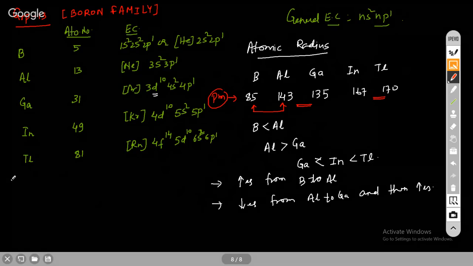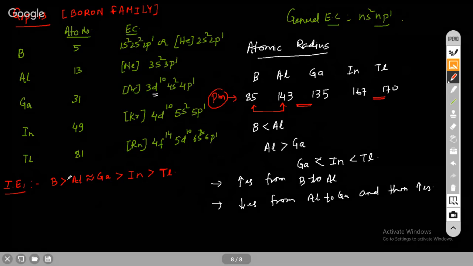On the basis of this, if you see the order of first ionization energy of these elements, I'll write it down in short now. Boron will have the maximum, and aluminium and gallium have almost equal first ionization energy. Then gallium is more than indium, which is more than thallium.